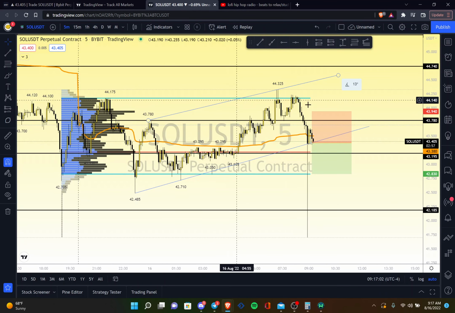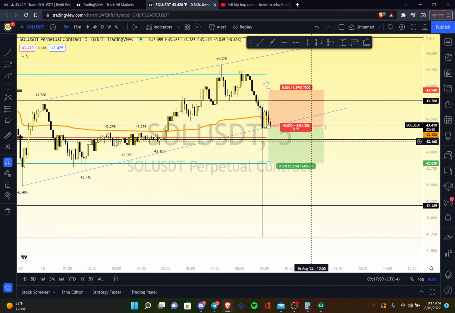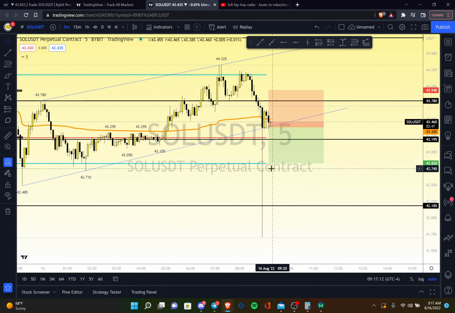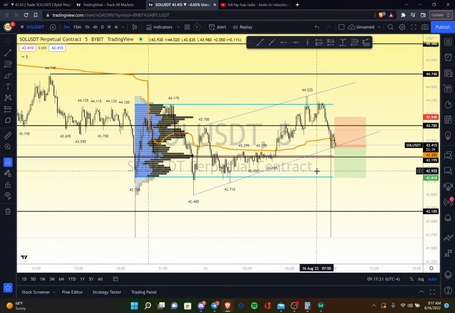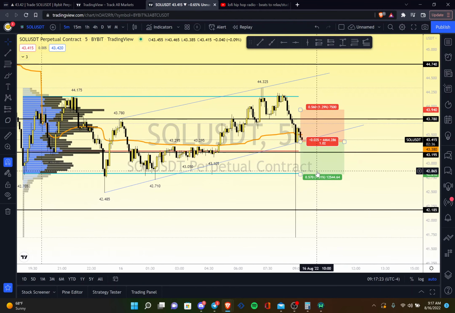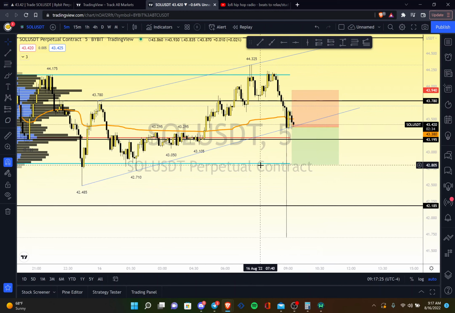I mean, if it starts breaking the value area high, maybe I'll look to close out at a loss there. We'll see. All right. So we're just going to be sitting here for a little bit, but it's a pretty interesting structure.